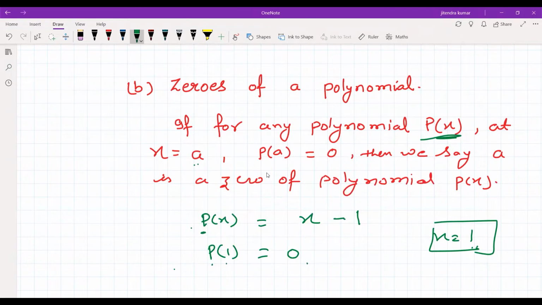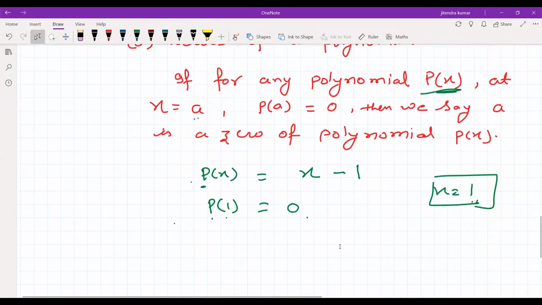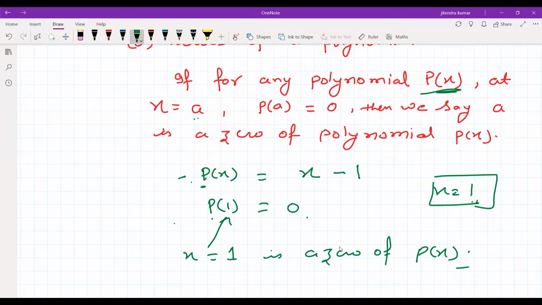So in that case, this will be called a zero of this p(x). So here we can write x is equal to 1 is a zero of p(x).